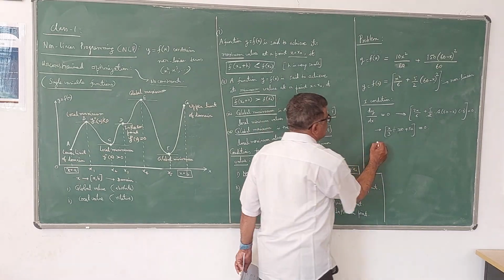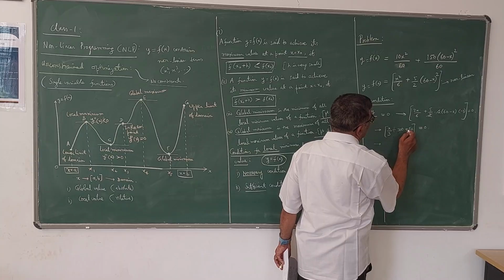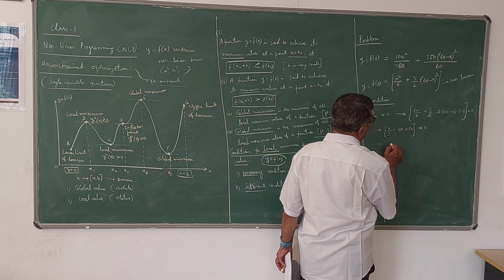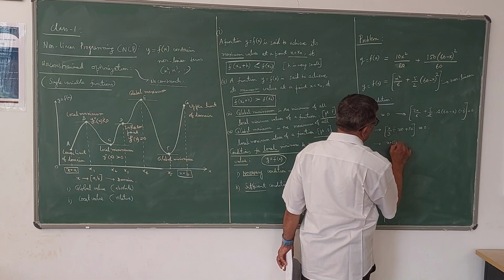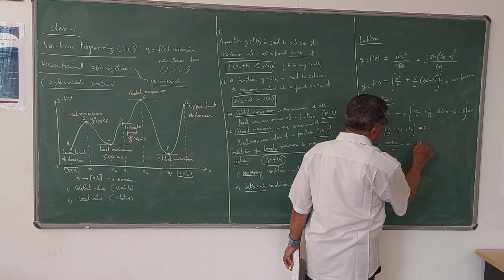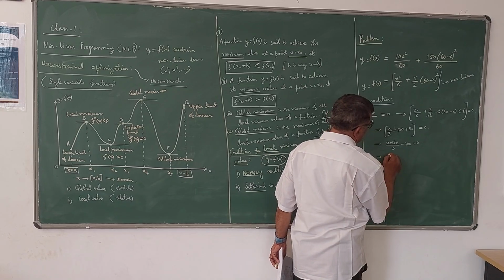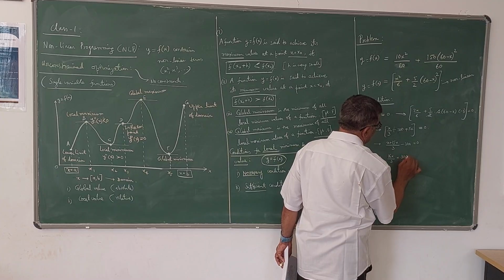Solve for x: x by 3 plus 5x is how much? So x by 3 plus 5x minus 300 is equal to 0, or 16x by 3 is equal to 300.